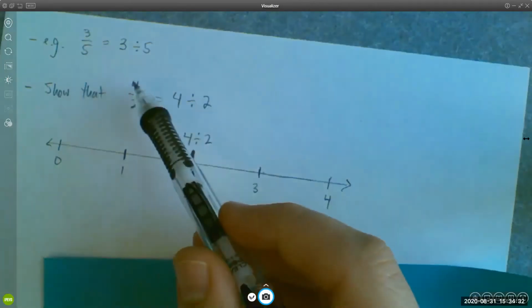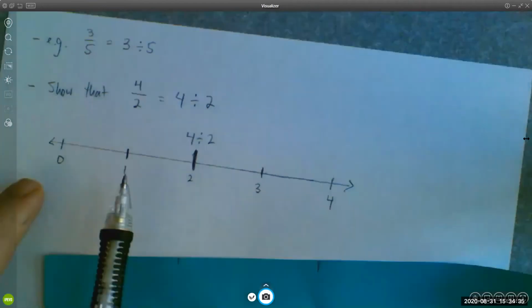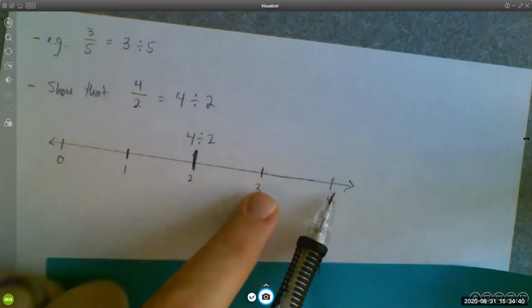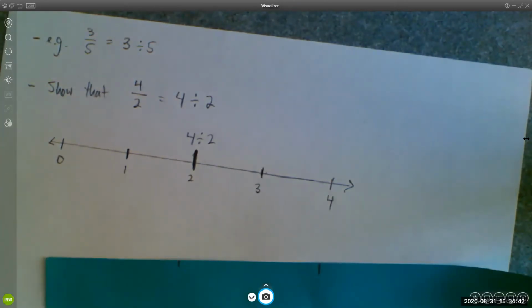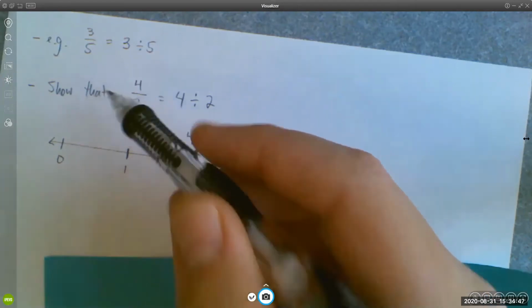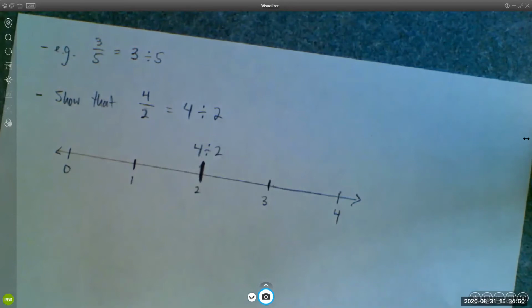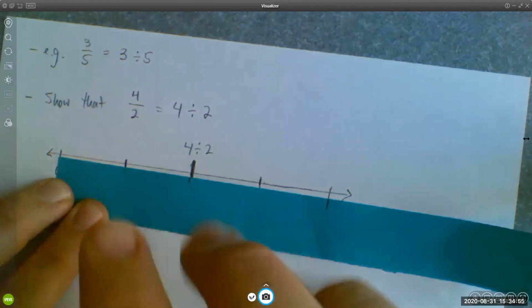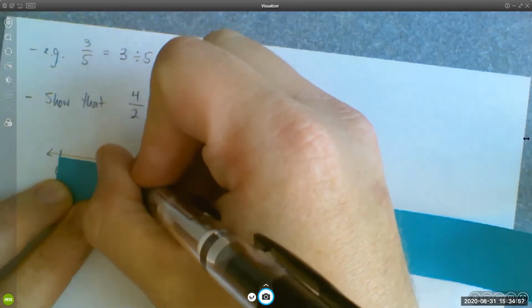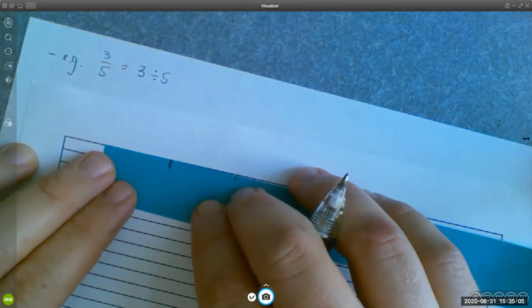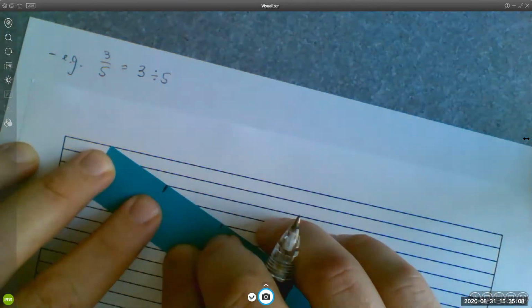Now, to show that that's the same thing as 4 halves, we should split each unit into halves and then take 4 of them, right? That's what 4 halves means. It means split each unit into 2 parts and then take 4. So let me mark 1 unit on my fraction ruler. There's 1 unit right there. And now I'm going to take this over to my lined paper so I can split it in half. 1, 2.